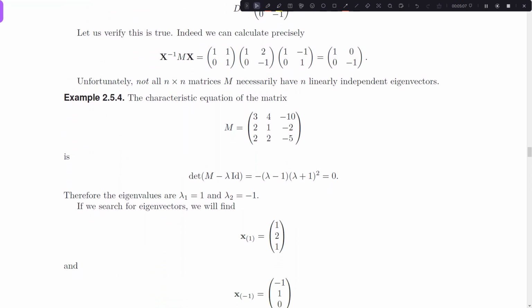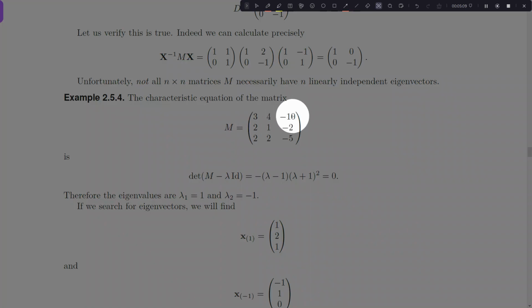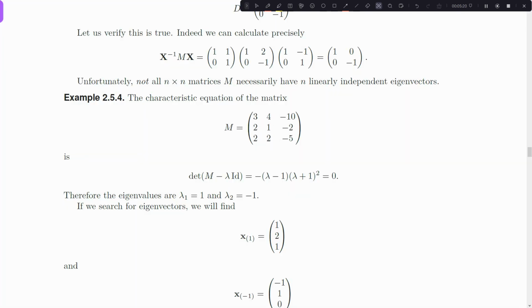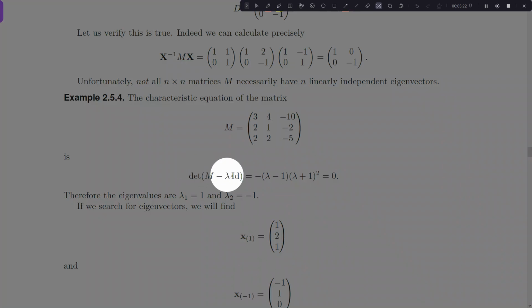So let's look at this matrix: 3, 4, negative 10; 2, 1, negative 2; 2, 2, negative 5. And I really want you to focus on this matrix because we're going to be using it all day today. If I form the characteristic equation of this matrix and factor it, then I recover lambda minus 1 and lambda plus 1 as factors.